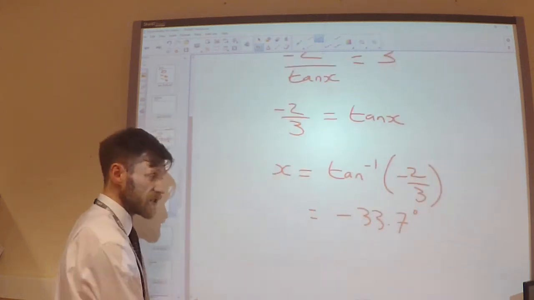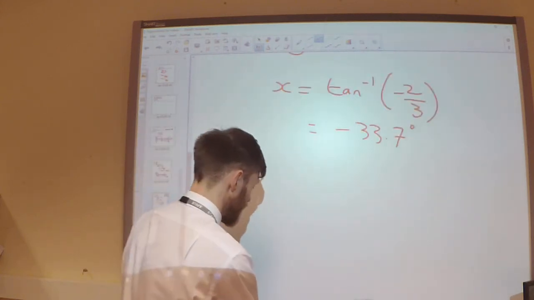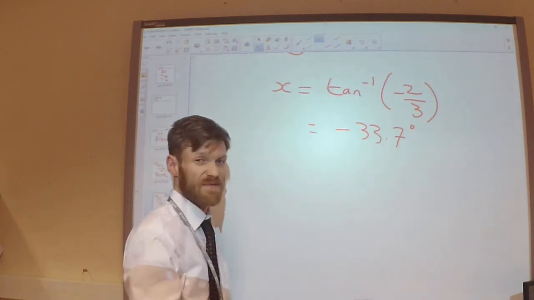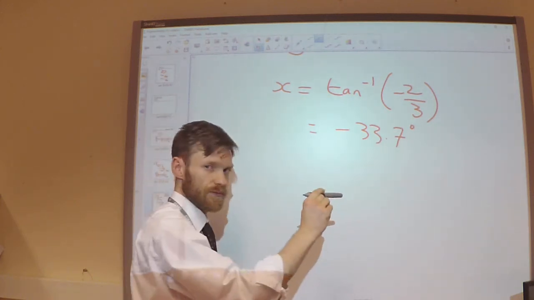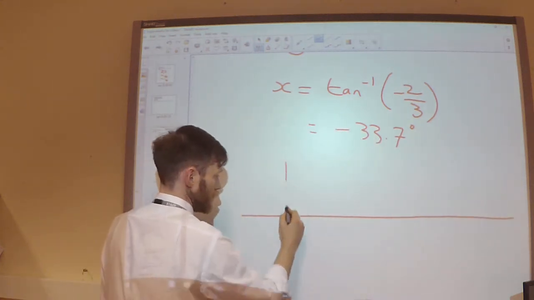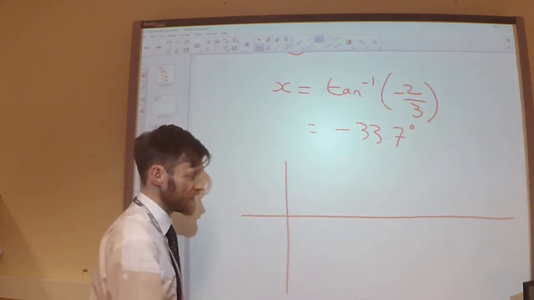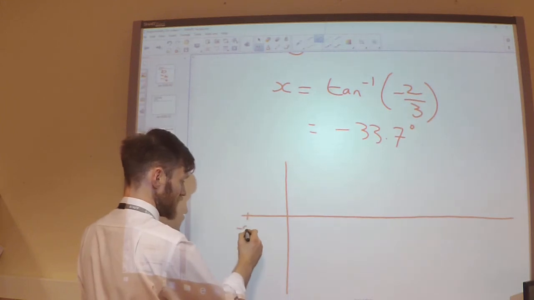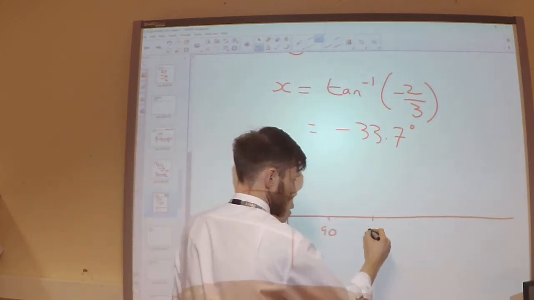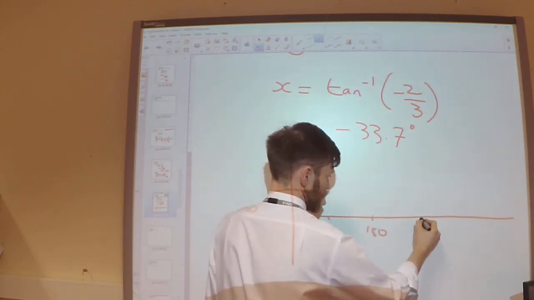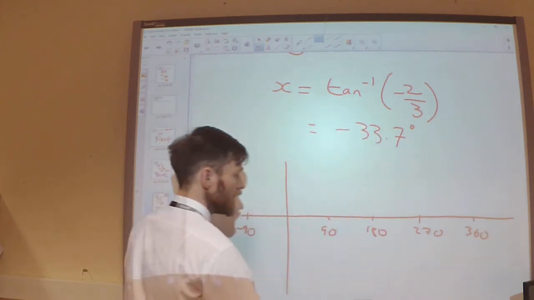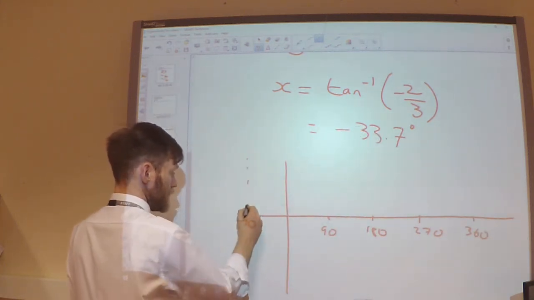Right, I need to draw my graph. Now, in actual fact here, notice that the answer my calculator has given me is negative. So I need to draw the tan graph, and I need to go past the y-axis a little bit. I'm going to start at minus 90, 180, 360. Draw your asymptotes in.